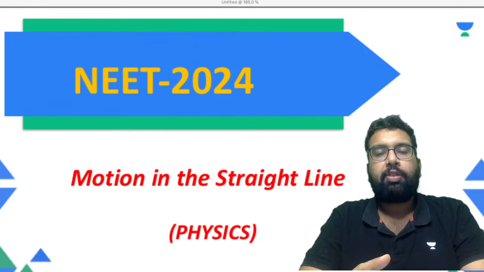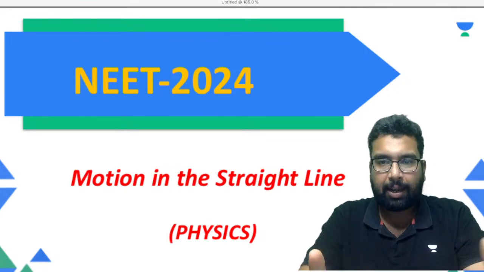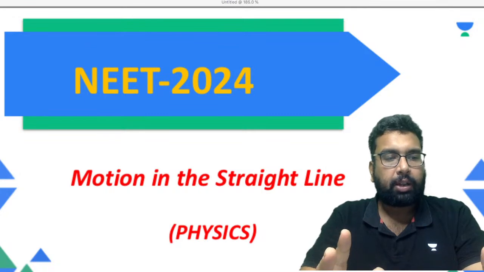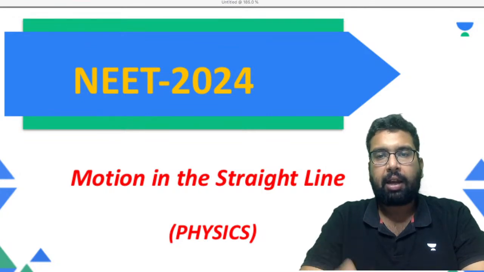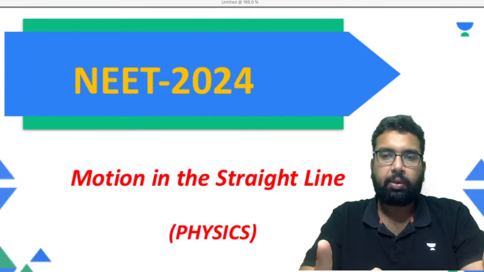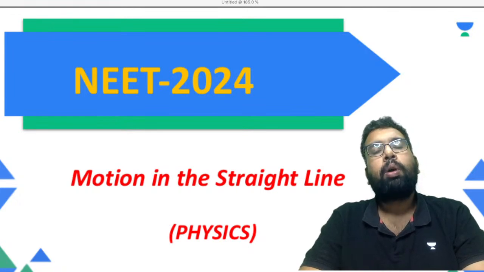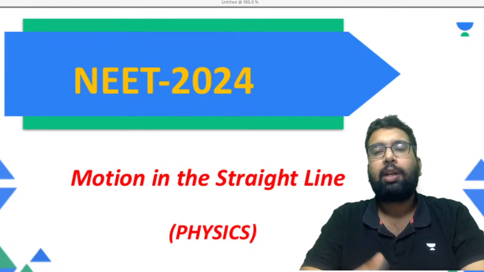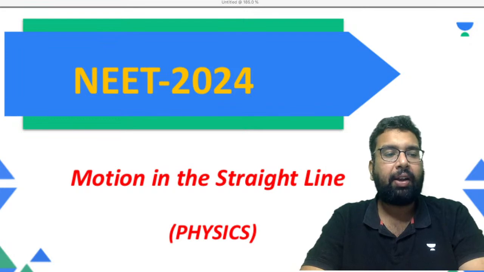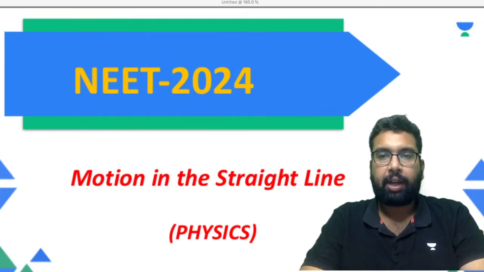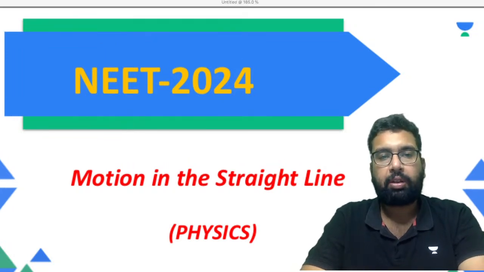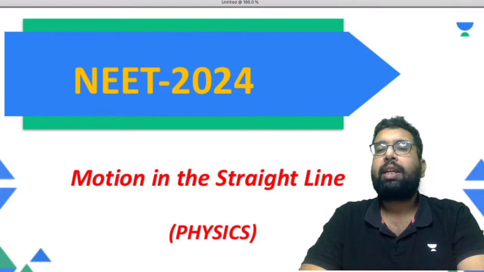In the first session, we spoke about what kinematics is, what its use is in physics, and how distance and displacement are different from each other and how to solve questions from that segment.